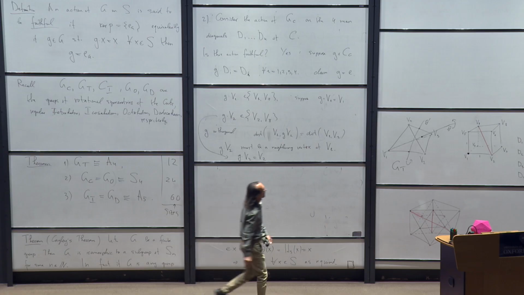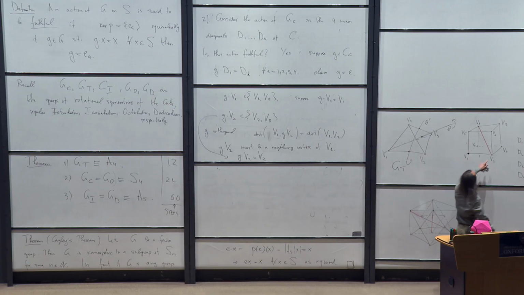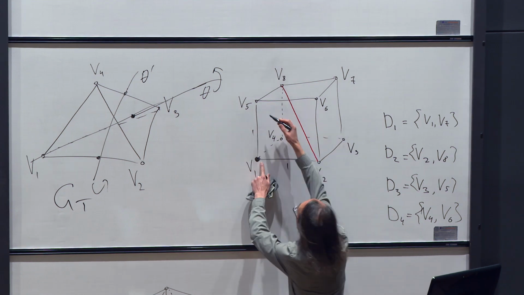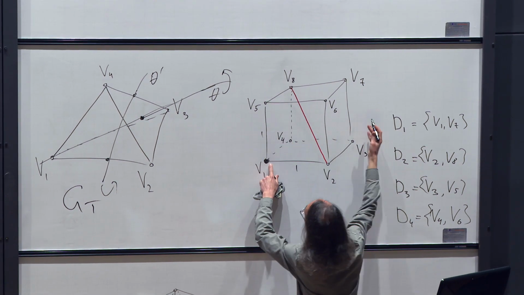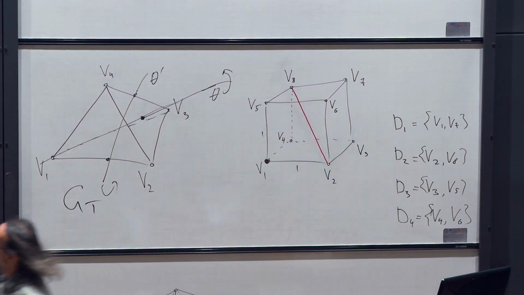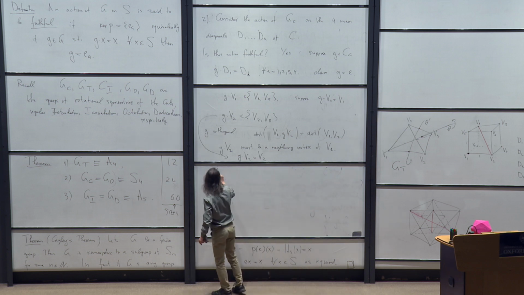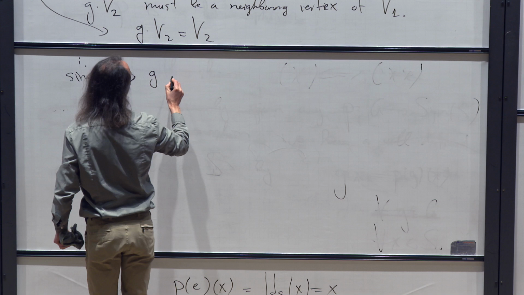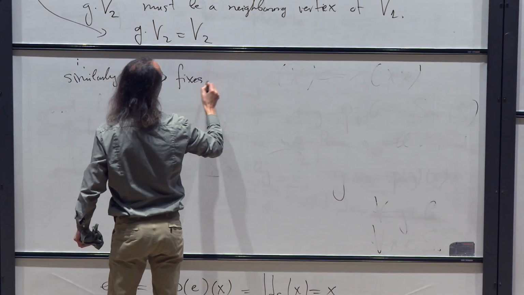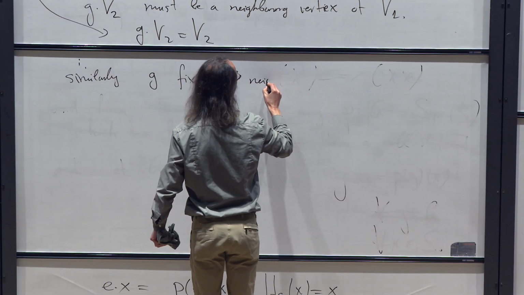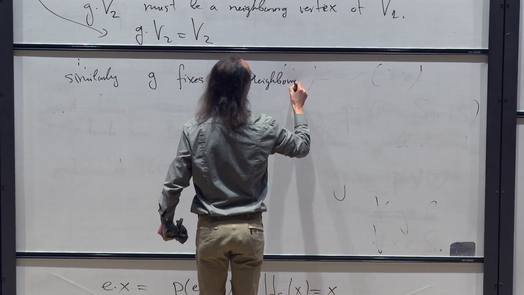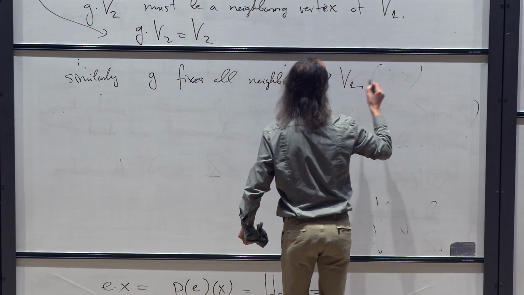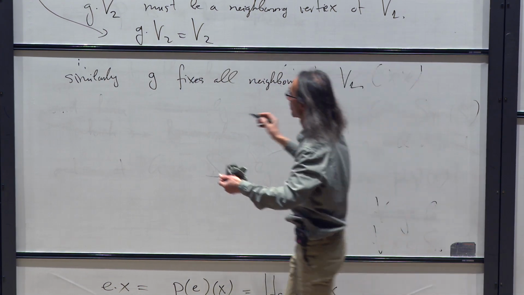Okay, but now we can continue, right? We can now move to a neighbor. By a similar argument, it fixes all the neighbors of v1. G fixes all neighbors of v1, and so G is the identity, right?